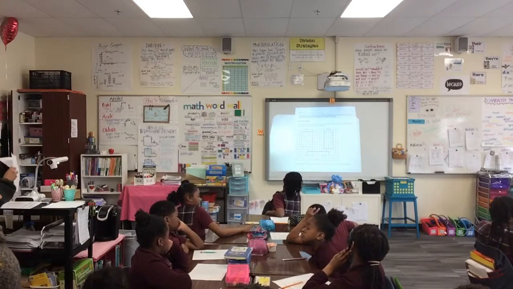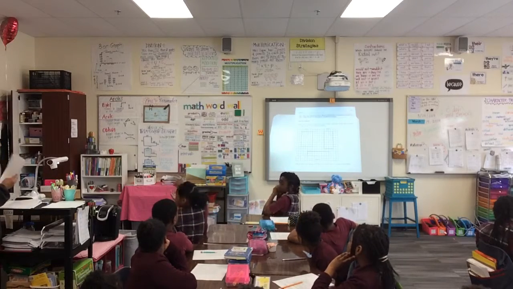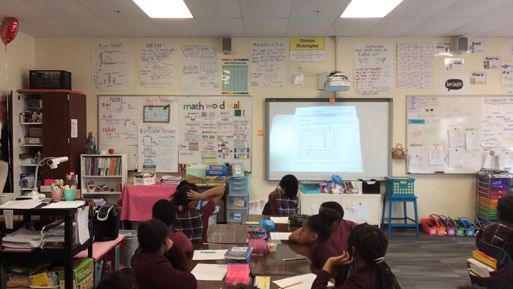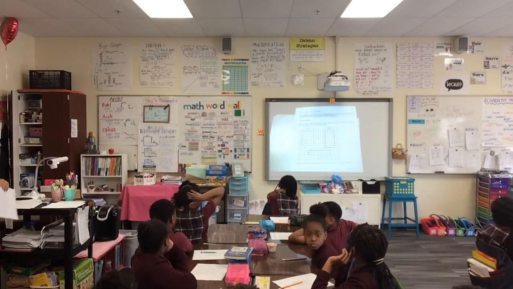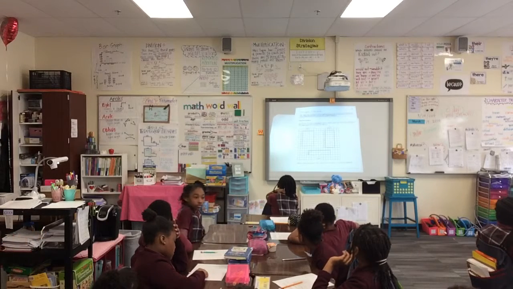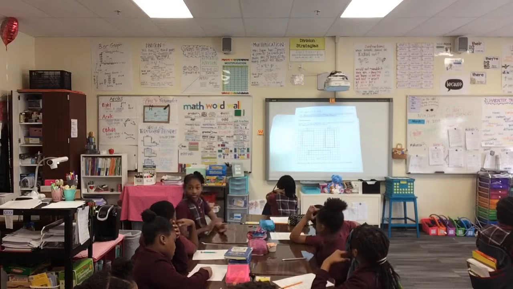I have different groups here, and I would like for someone in Logan's group, or Logan, to talk about what you represented on your paper and why, according to the problem. You can go up, Logan.